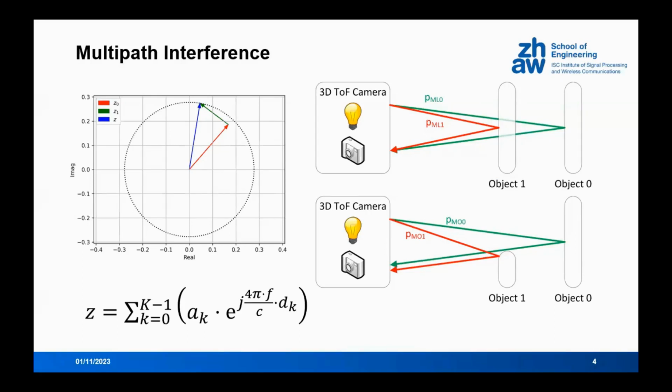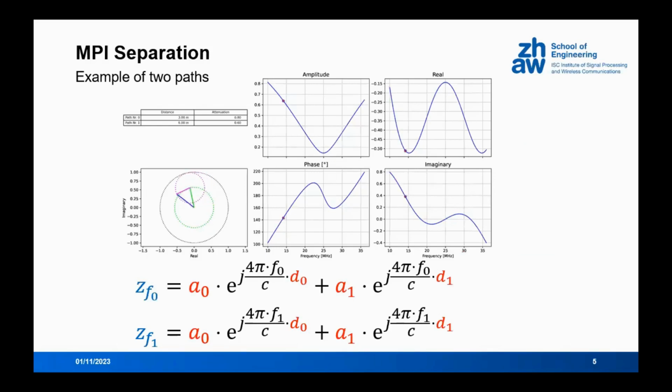Happily, there is a way we can solve that. To do that, we have to measure at multiple modulation frequencies of the light. As you can see here in the simulation on the lower left, the blue one is again the measured vector. The green and the red ones are two simulated objects that reflect from the scene.